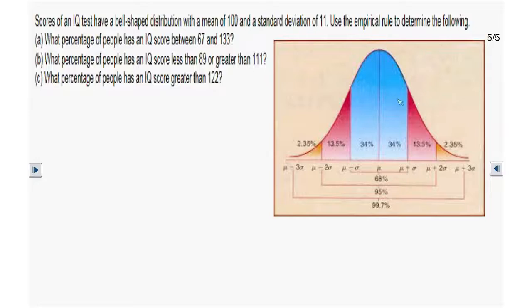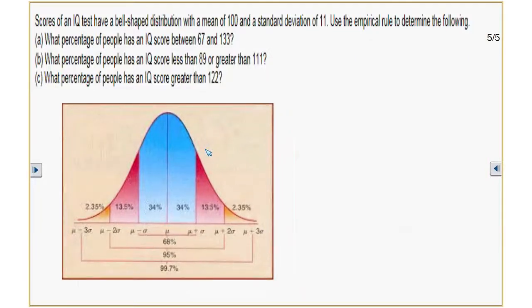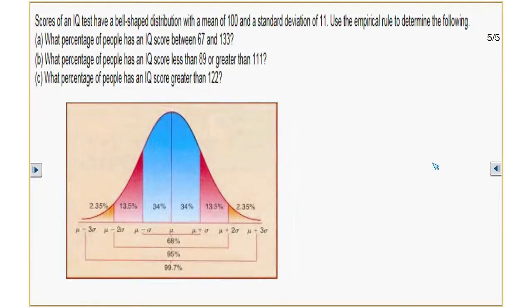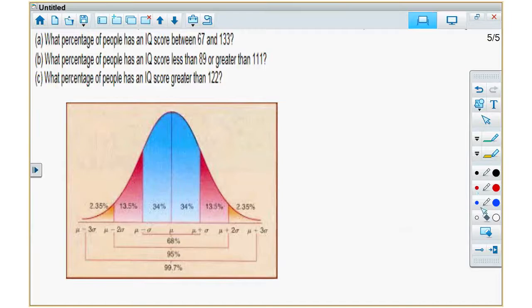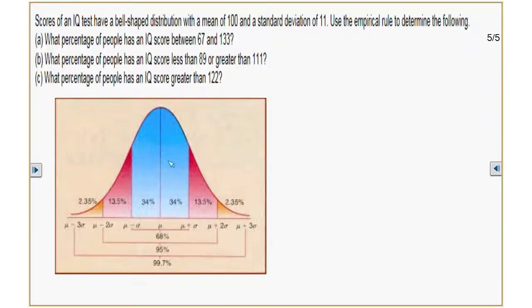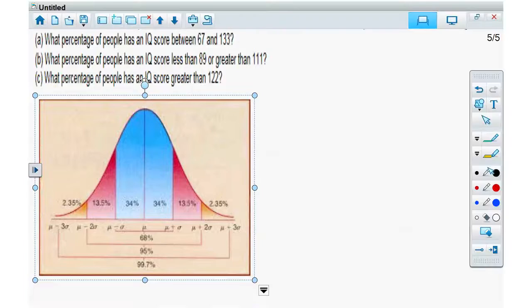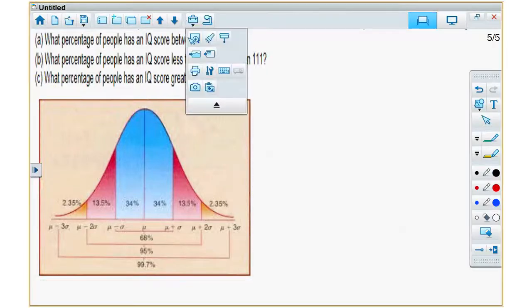You can just copy this down on your paper. You might have to fill out the bottom right here, but that's not a big deal. Or if you don't like that one, you can bring another one in.